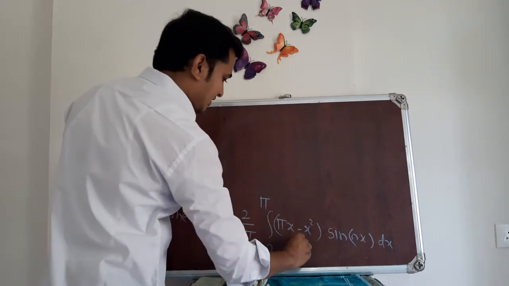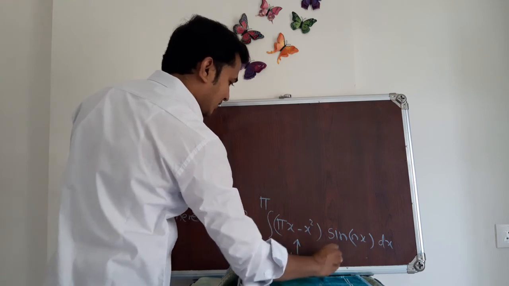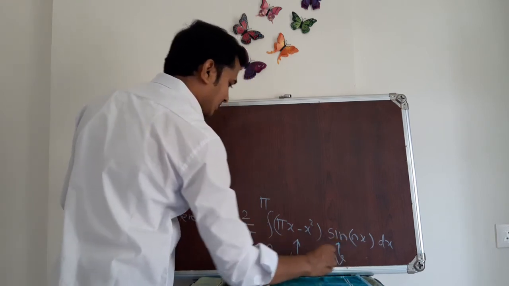Again we are going to use generalized integration by parts. This is our u, this is function v.